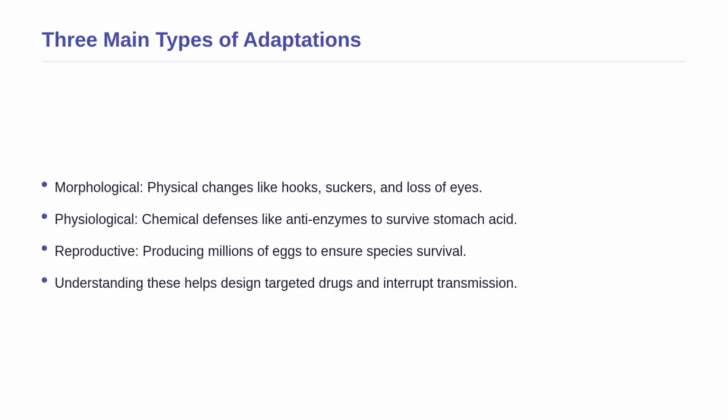For instance, they secrete protective anti-enzymes, so they are not digested by the host's stomach acid. Finally, reproductive adaptations are perhaps the most extreme, involving complex life cycles and the production of millions of eggs. Understanding these three pillars is absolutely crucial for human medicine and agriculture, allowing us to design targeted drugs that break these specific survival mechanisms.